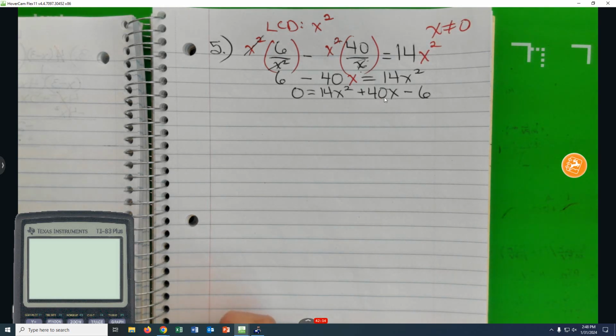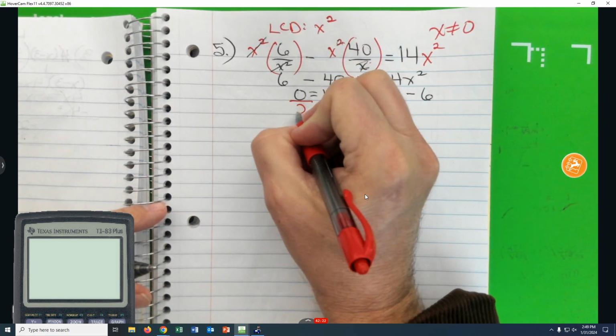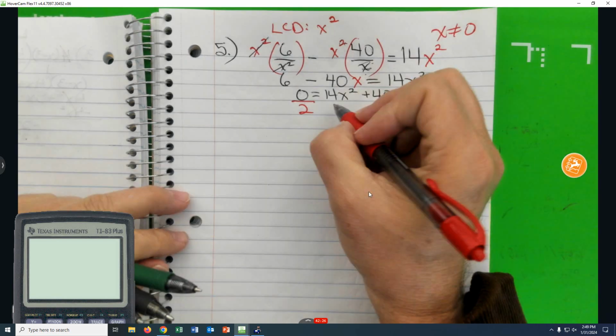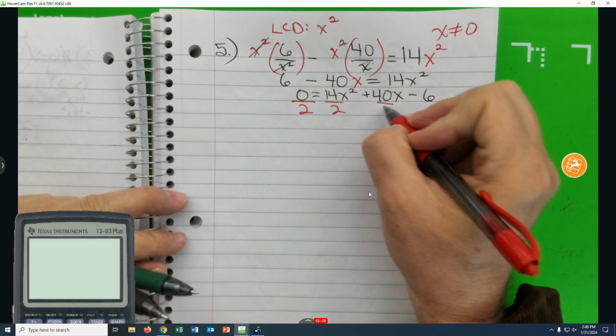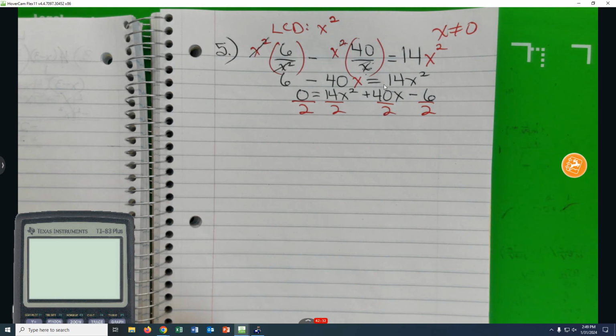They're even, so that means that they're divisible by 2. I'm going to divide through everything by 2. That's the same thing as multiplying by 1/2. So that's why we're able to do this. Basically, we're distributing a 1/2 across both sides of the equation.